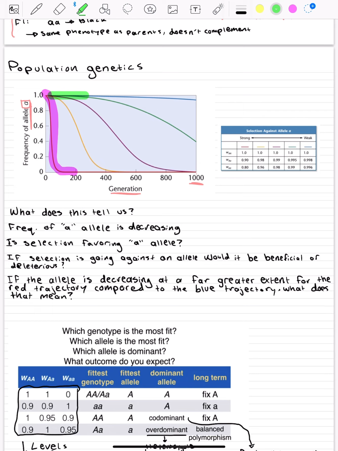The fitness for allele little a seems to be relatively low for the A trajectory, and for the B trajectory, it's also decreasing, meaning that it has negative fitness effects on the organism, meaning that it's not the most beneficial allele in the population. So, in turn, natural selection is going to act against this allele, and it's going to decrease. So that is why the frequency of little a allele is decreasing.